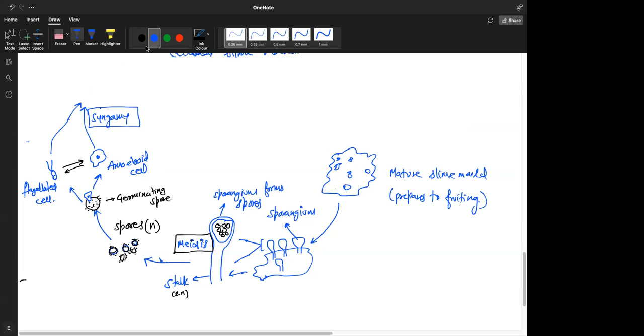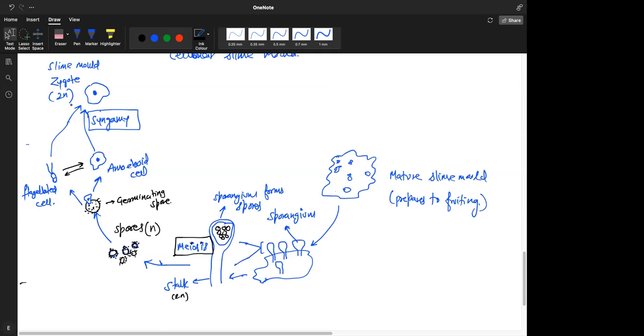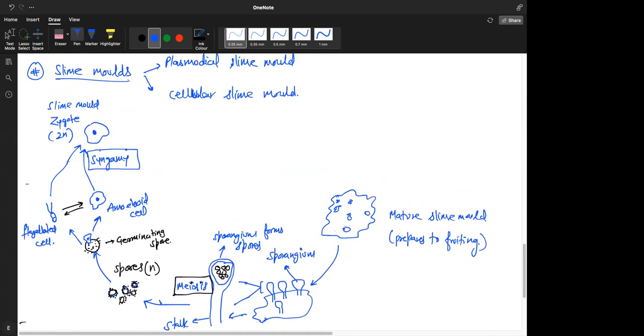As a result, a zygote is formed, a slime mold zygote. And zygotes are always diploid. So half of the cycle is in spore form, which is haploid. Then when the two different kinds of cells fuse together to form a zygote, it becomes diploid.